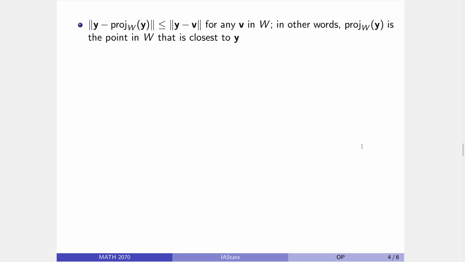So now we have a technique of, given a subspace, as long as I have an orthogonal basis, I can take any element and get it into that subspace and do it as efficiently as possible, in the sense that we are as close to that point as possible.